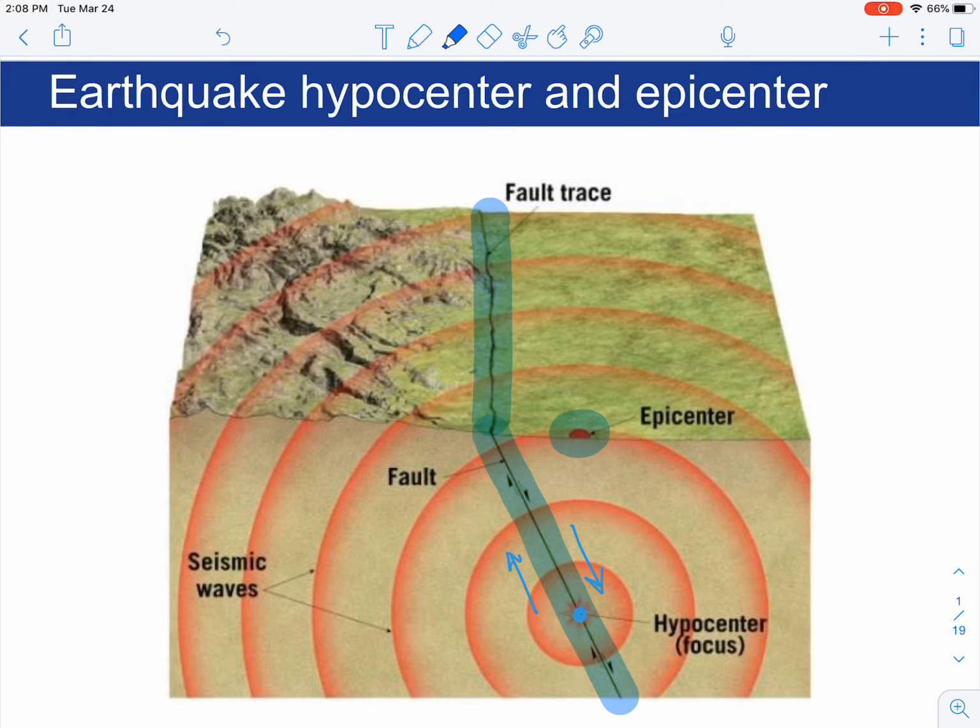So when you watch the nightly news, they actually report as if the earthquake happened at the epicenter. So the epicenter is directly above the focal point on the Earth's surface. So if you watch the news and journalists report saying that the epicenter was in Kyoto, Japan, or Los Angeles, California, that's what they're referencing.